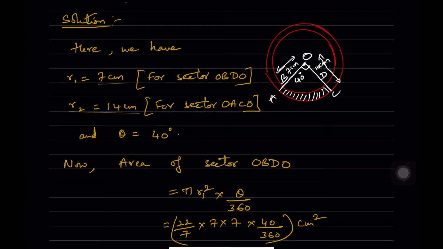Now theta is equal to 40 degrees. So now we have area of the sector OBDO, which is the area of the smaller sector, that is equal to pi r square into theta by 360.